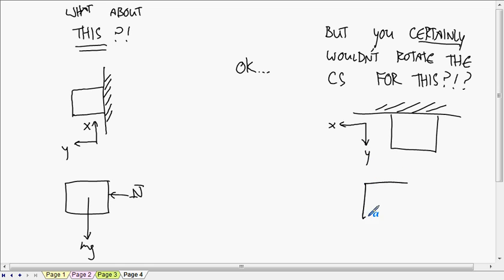And so the weight force, your normal force goes like this. The weight force goes like this. And so what are the components of the weight force? In this case, it's 90. Or you can just recognize that it's in the positive y direction. So it's going to be 0, positive mg.